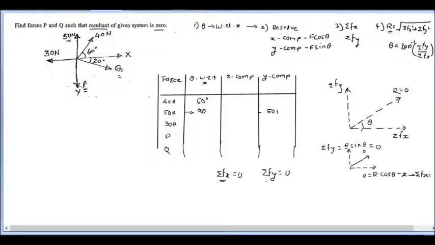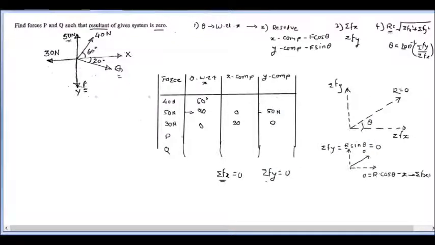So straightforwardly, that magnitude will be 50, and the x component for this 50 Newton force will be equal to 0. Then the 30 Newton force is making an angle of 0 and is acting along the x direction. So we will only list out the x component, which will be equal to 30, and it will not have any y component. It means for the y component we will have magnitude 0.